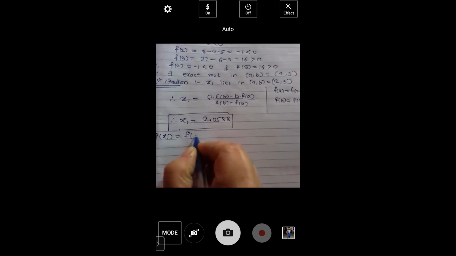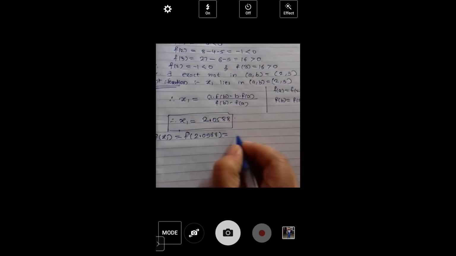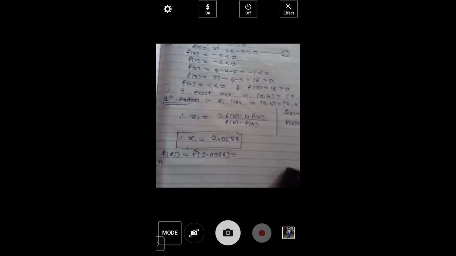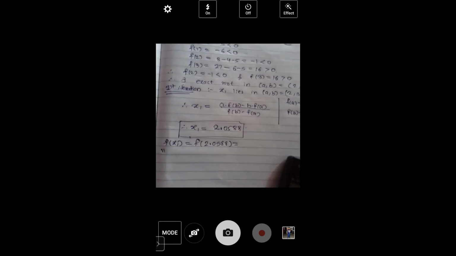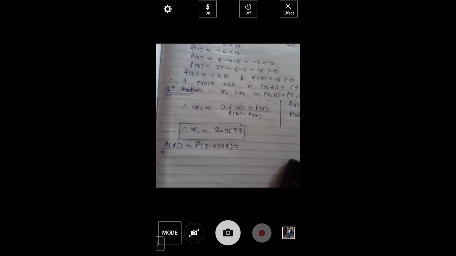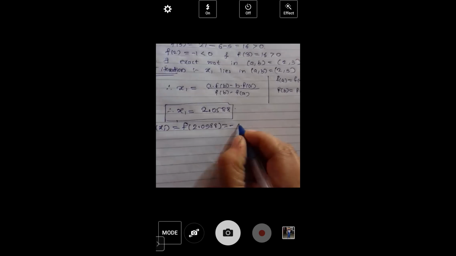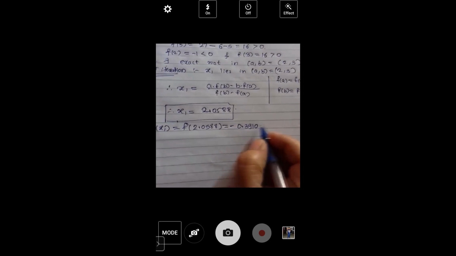Put x is equal to x1 in the given equation: x cube minus 2x minus 5. तिथे तुम्ही 2.0588 ठेवा. 2.0588 raised to 3 minus 2 into 2.0588 and minus 5. किती आलं? Minus 0.3910 आलं का? Which is less than 0.